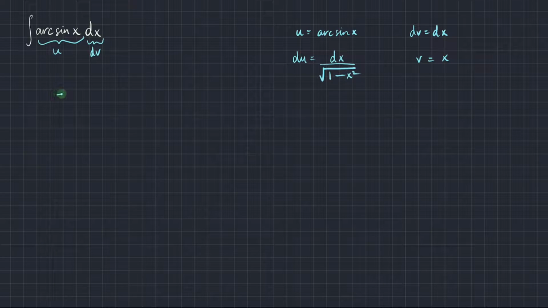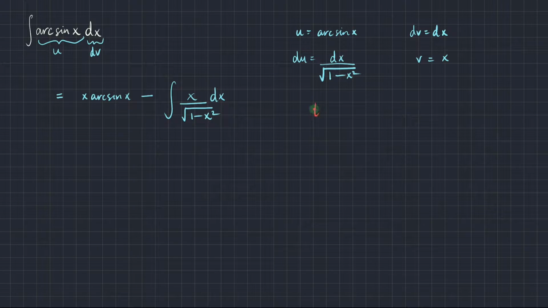Applying the formula for integration by parts, we have x arcsine x minus the integral of x dx over square root of 1 minus x squared. And just like the previous example, the second integral can be found by substitution.